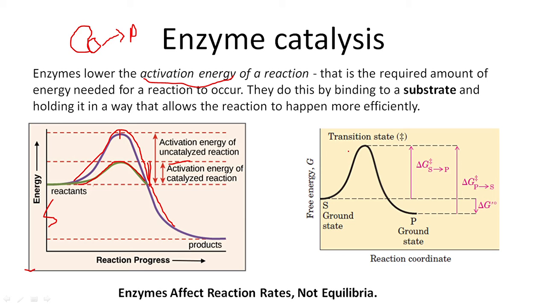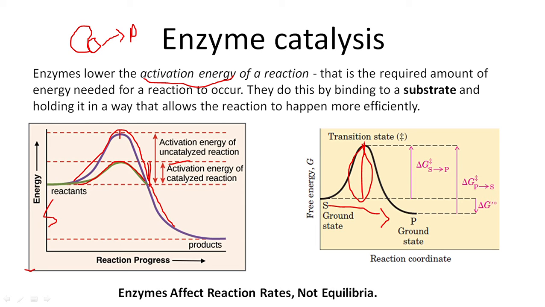So this much energy is required for a substrate for crossing or proceeding forward to the product. Means when this much energy is given, only then can a substrate be converted to product.